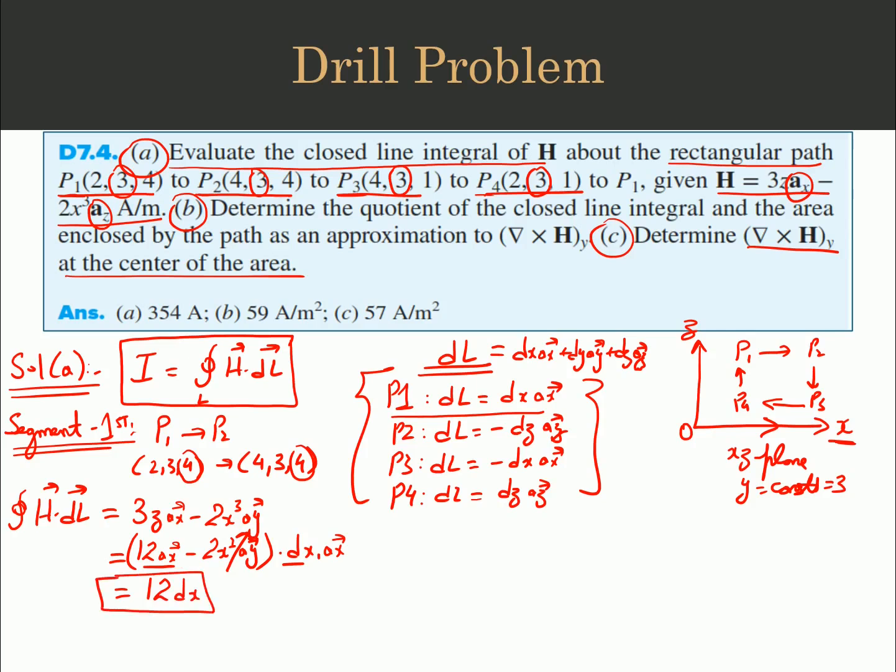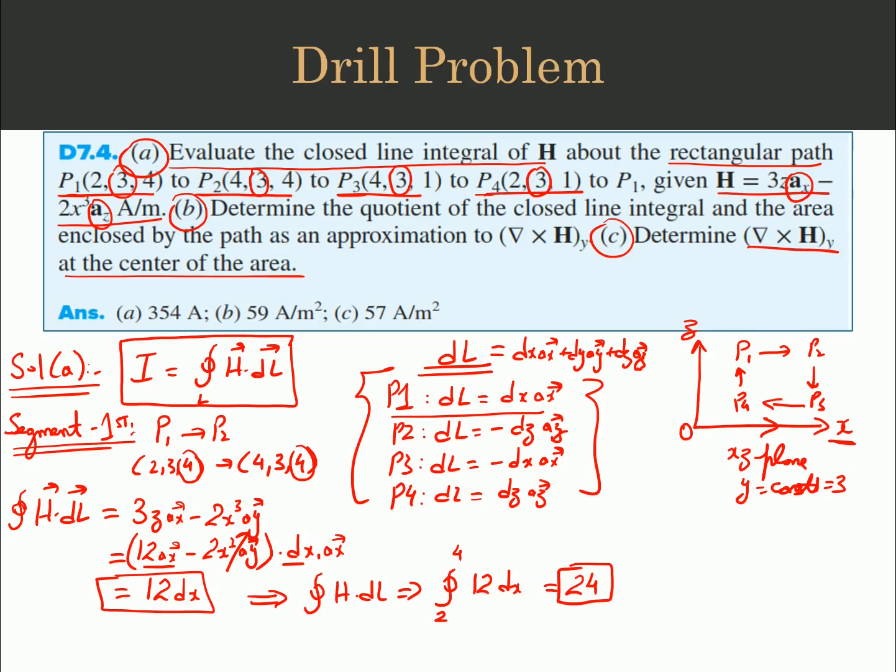Now I can integrate it to complete the value. I'm going to integrate 12 dx along the x-axis, and its limits will be from 2 to 4. Once you solve this, the answer comes out to be 24. So this is the answer for the first path.